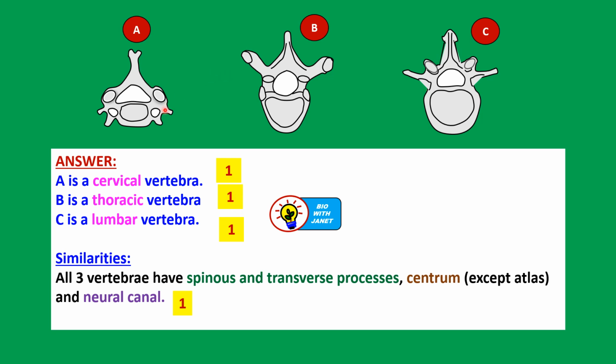Vertebra A is a cervical vertebra, and you can identify it by its pair of transverse foramina here, right, at the transverse processes. Also, it has a more or less triangular shape, right, like this. Now, B is a thoracic vertebra, identified by a pair of facets at the transverse processes, and also a pair of facets at the centrum here.